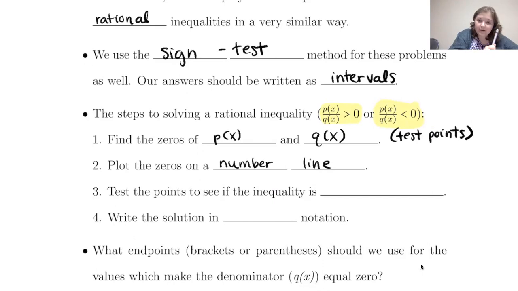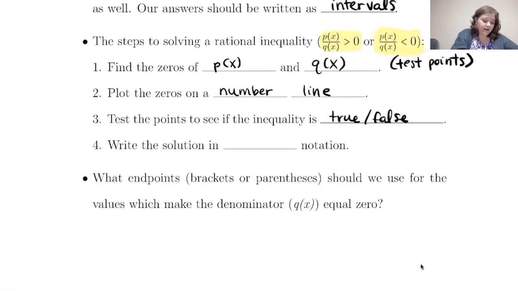Plot them in the correct order, you know, smallest numbers first, biggest numbers next. And then we test the points to see if the inequality is true or false. So keep the true intervals, throw out the false intervals like it was in 5.1, and then write the solution in interval notation. Okay.